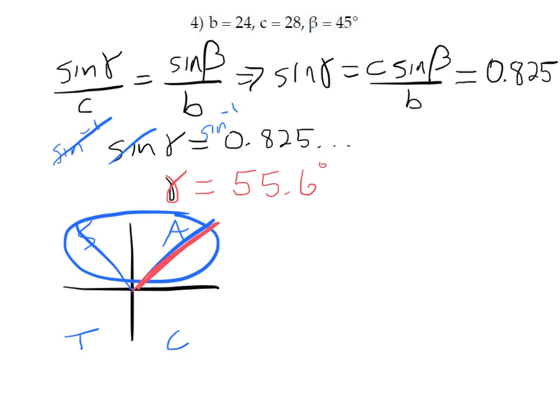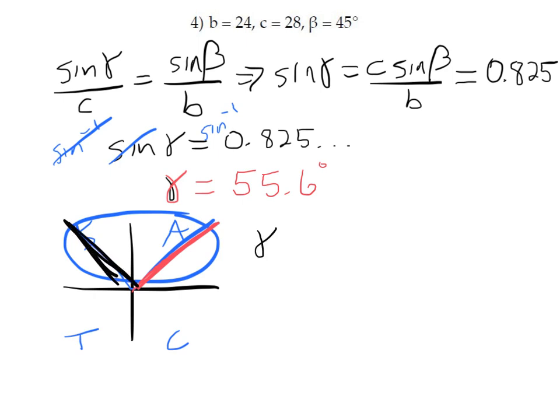Now what I did is I did arc sine of the answer because I still had all of the information on the calculator. If you need to take your 0.825 and store that, do that. But have all the information so you get the full 55.6 degrees.